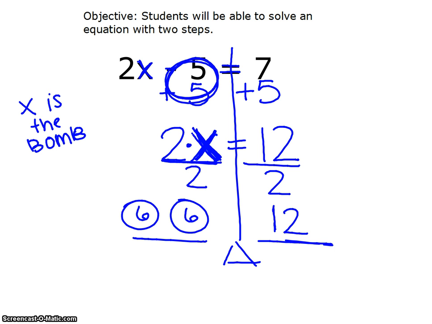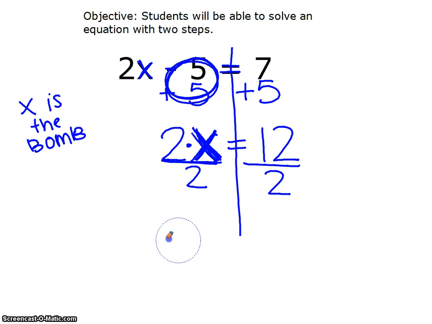And the reason this gets rid of the 2 here is because 2 divided by 2 is 1. Now we have x, or the bomb, we have 1x, which is the same thing as just putting x. So 12 divided by 2 over here is 6.